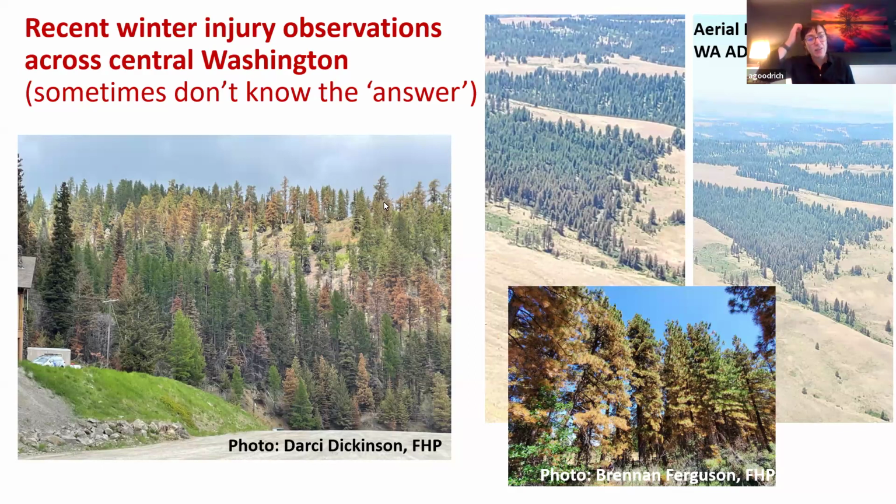This was up at Mission Ridge outside of Wenatchee, and the one on the right is down on the Yakima Reservation, and some of these photos are what they saw from the air when they were flying our aerial detection surveys.